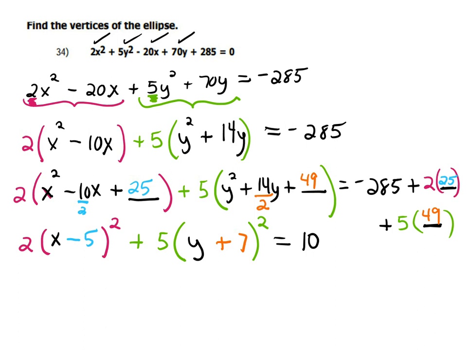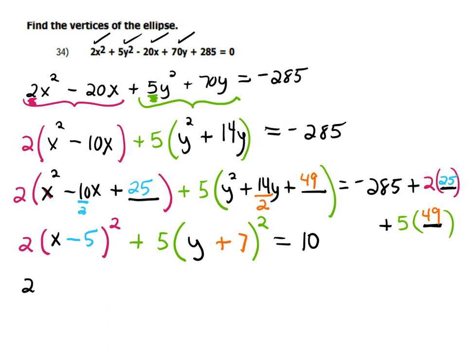I've completed the squares. I can see where the center of this thing would be located. It's at 5, negative 7. So obviously this is not an ellipse at 0, 0. But it still has to be set equal to 1.